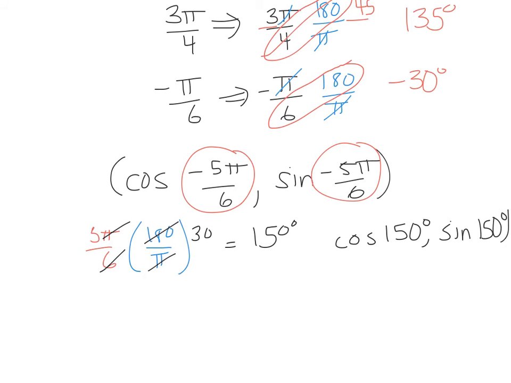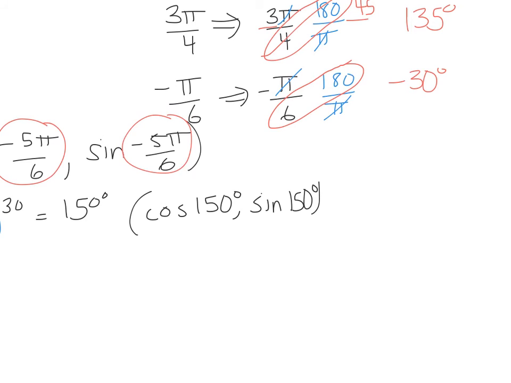Find the exact value. So you're going to set up your reference triangle, or your reference angle. So 150 is right here. This is negative 150, so you're going to go down 150 degrees this way, which is going to give you almost to 180. So you make your reference triangle.